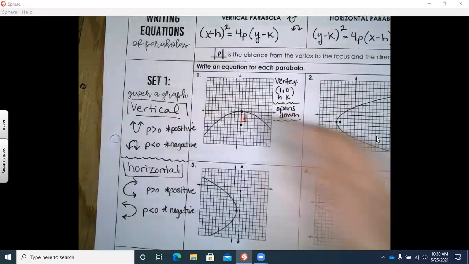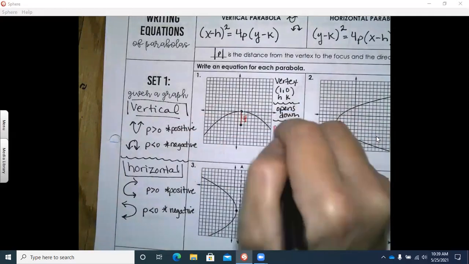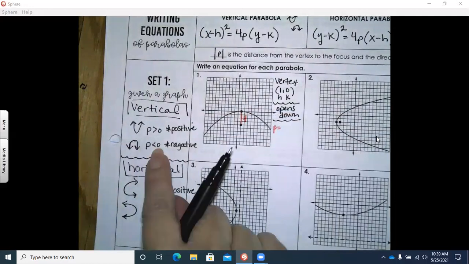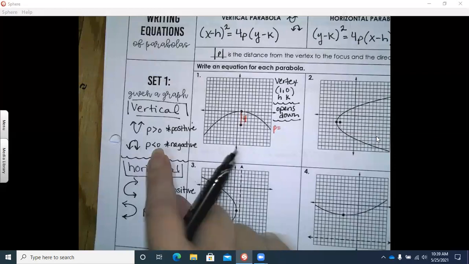So p equals, but because it opens down, it's going to be a negative number, right? The distance is always positive, but if it opens up, p is going to be positive. If it opens down, p is going to be negative. So we know that p is equal to -4.